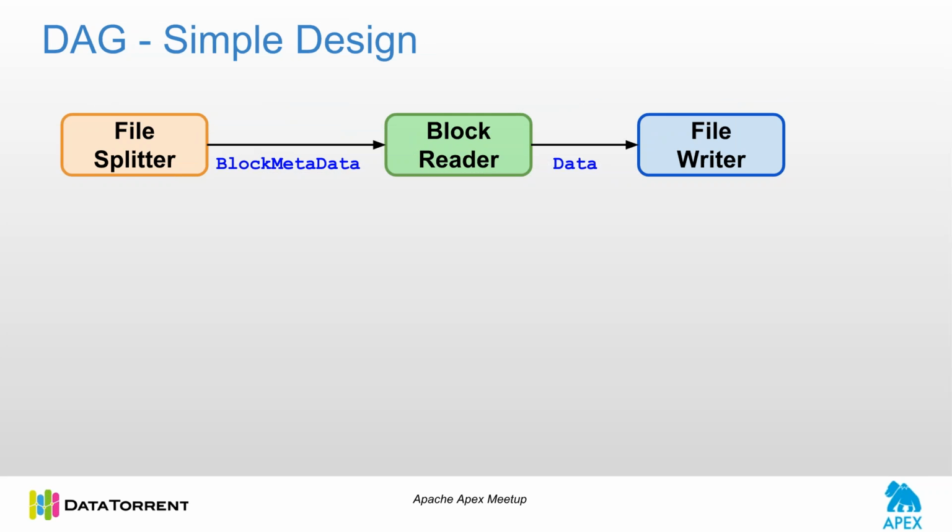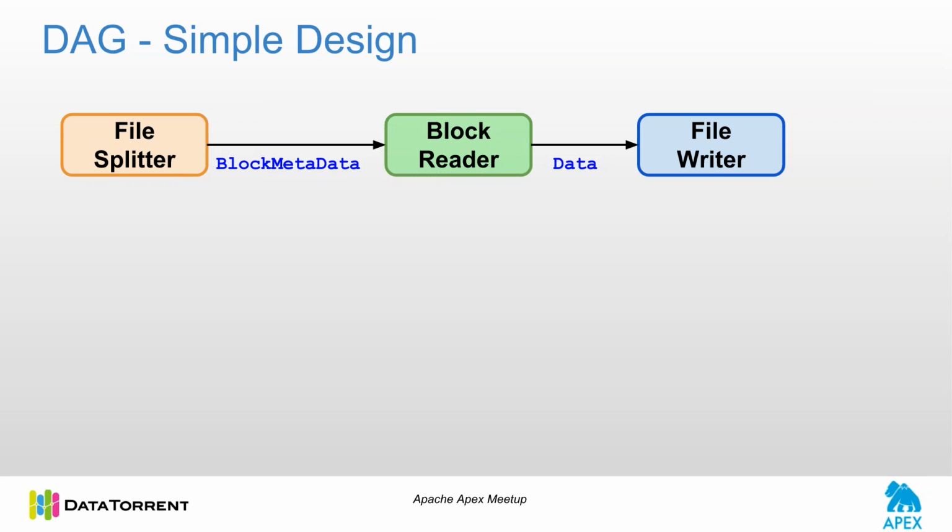If we come into the details, the file splitter is giving the block metadata. The smaller task we name the block metadata. So it has to give the information of the smaller task, that is, the block that it needs to copy. The block reader acts on it, actually gets the data and gives it to the file writer, and the file writer will just write it.